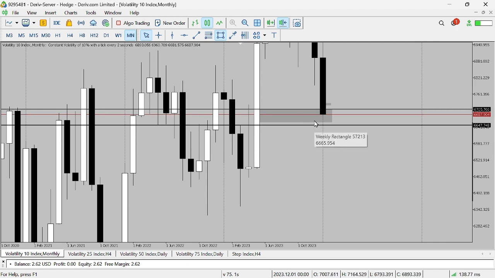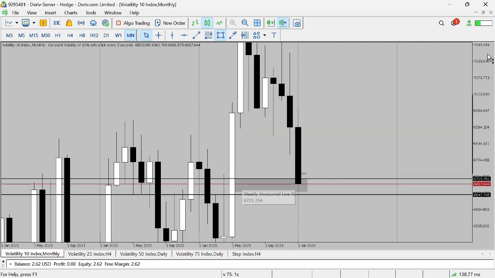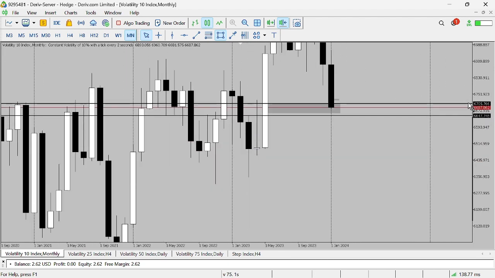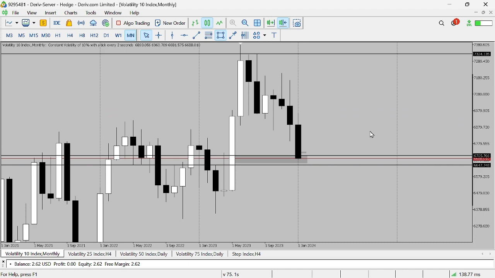But if this fair value gap and this order block are respected, then I think the monthly bullish structure is going to continue. So it's a game of probabilities, but you need to know all these variables so that it won't take you by surprise if price decides to play out in a certain way.